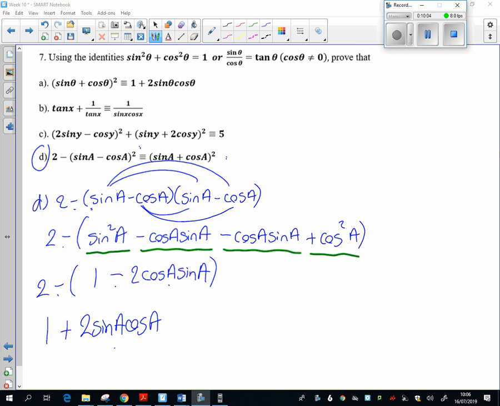Now I'm actually going to look at the result for this one and just think about, well, can I convince myself that they are the same thing? So in fact, let's just neaten this up a bit. What I'm going to do is take the right-hand side of this one and just double check what happens when I square those brackets out.